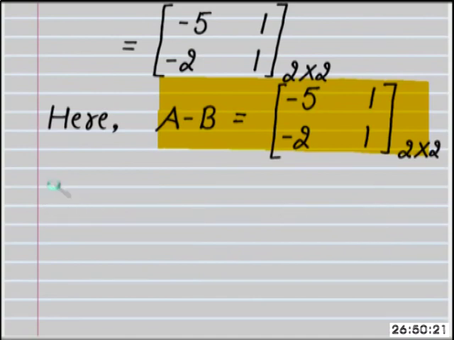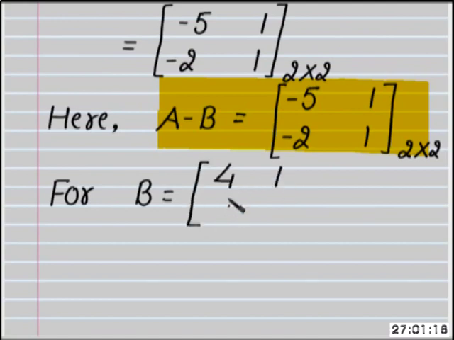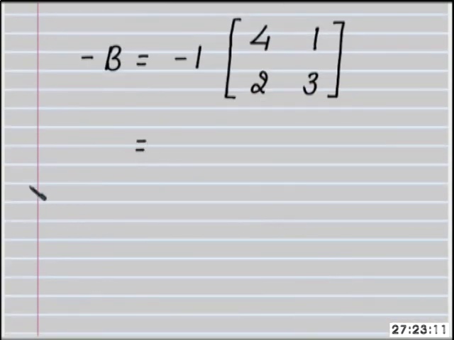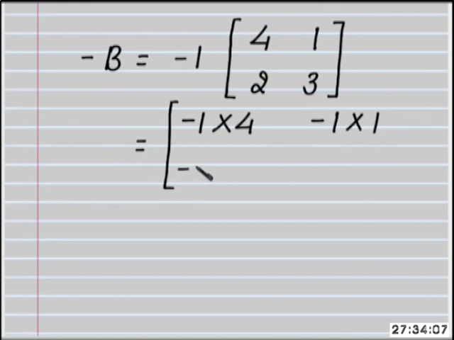Now for matrix B, its additive inverse, that is minus B, will be obtained by multiplying it with scalar -1, that is it is equal to matrix with first two elements as -1 into 4 and -1 into 1, second two elements as -1 into 2 and -1 into 3, which is a square matrix of order 2.